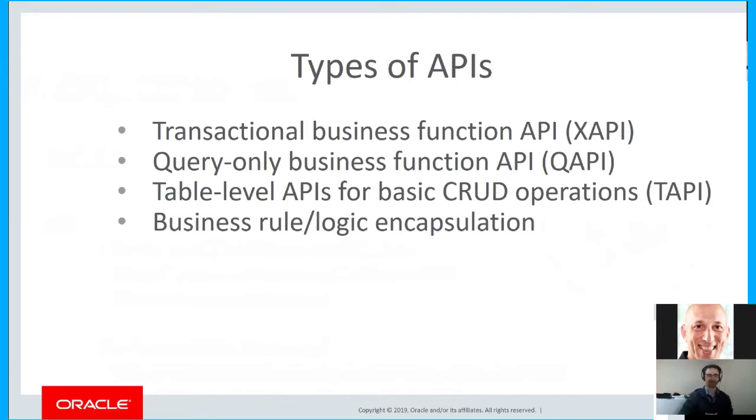If anyone else has got any other comments on the Tappies or transactional APIs, then please share them in the chat. We'll pick them up as we go along. And as I said, if you've got any other types of API that you can think of, specifically we're talking about database development here, or PL/SQL development.